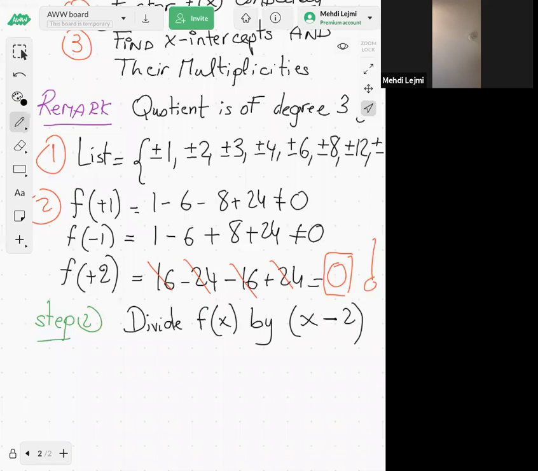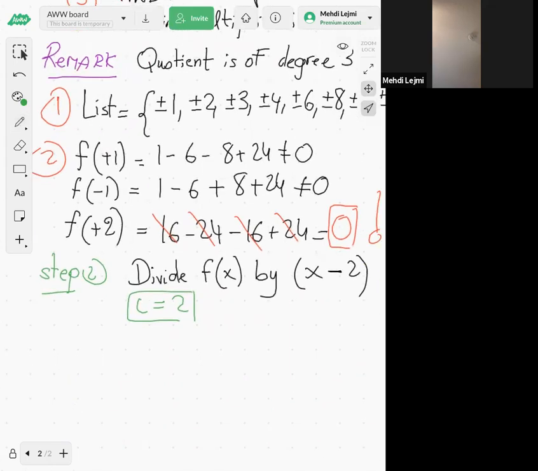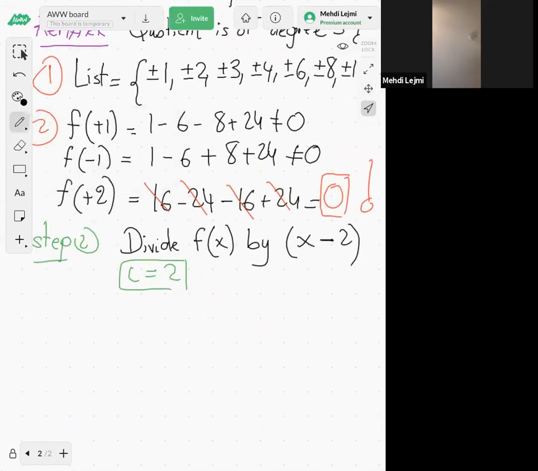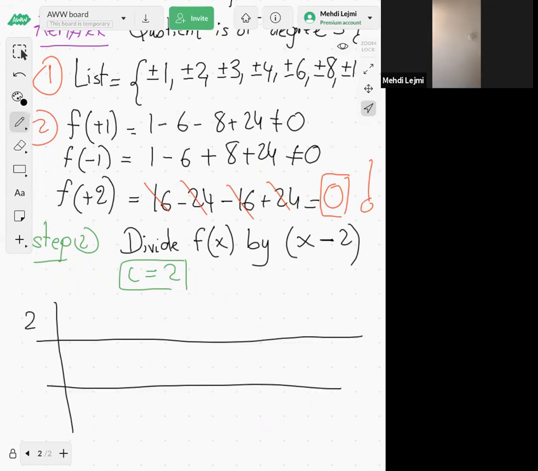Your c is positive 2, so here's my positive 2. Now, what about f of x? It's x fourth, x cubed, x squared, x, and then the constant.